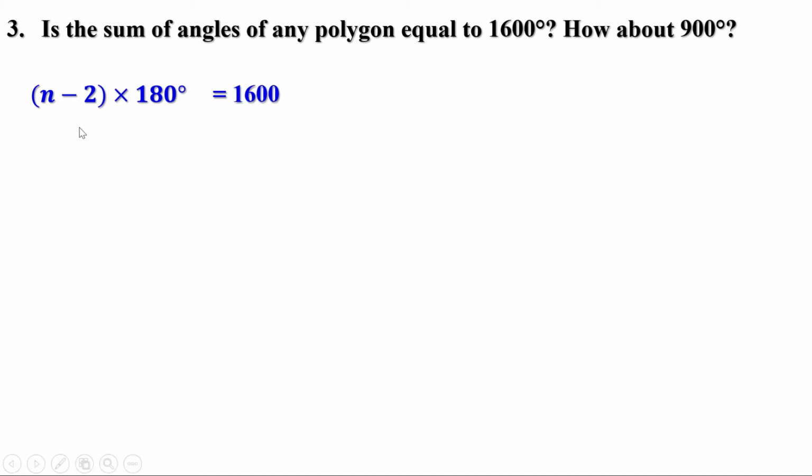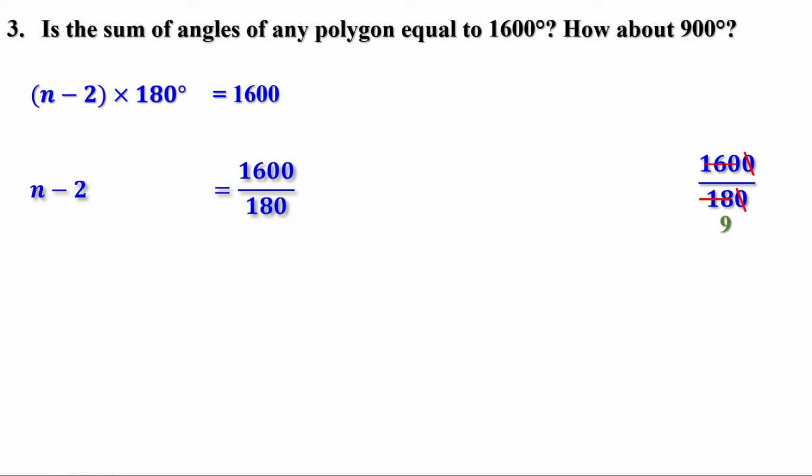As in the previous case, let us find the value of n. For that, let us take 180 to the other side. Then we can write n minus 2 equals 1600 divided by 180. Let us simplify. We can cancel one 0 from numerator and denominator. Now it is 160 divided by 18. 9 twos are 18. 8 twos are 16. Therefore, 80 twos are 160. Now in the numerator it is 80 and in the denominator it is 9.